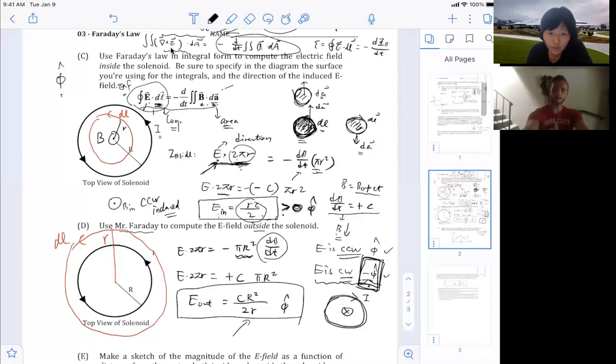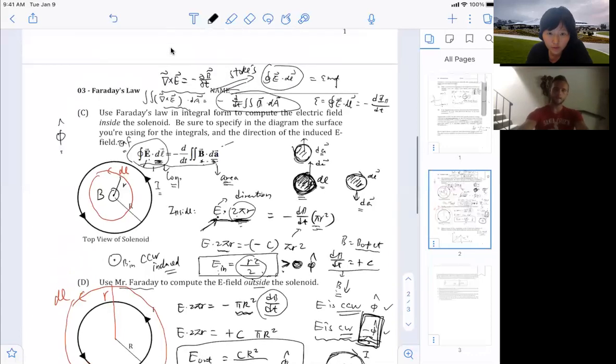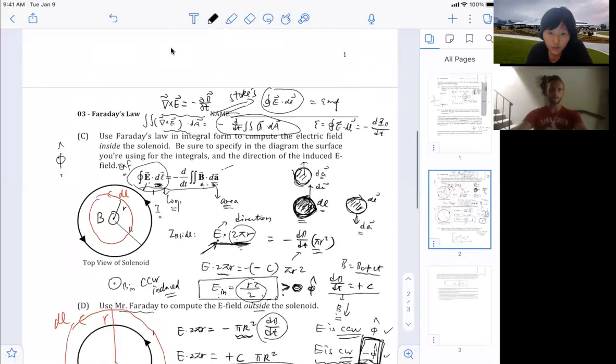Okay, another question Brendan asked: can we go back to the differential form to find whether the curl would be positive or negative? You certainly can. In this case, the curl of E is negative dB/dt, and what is dB/dt?